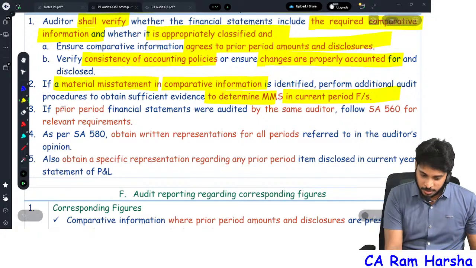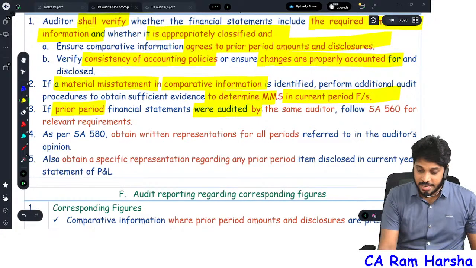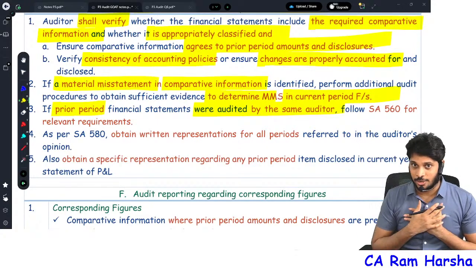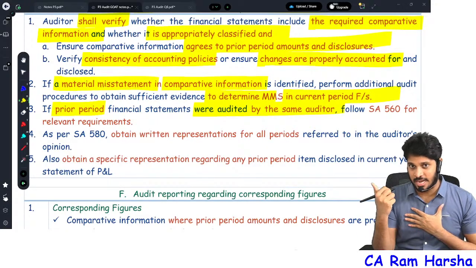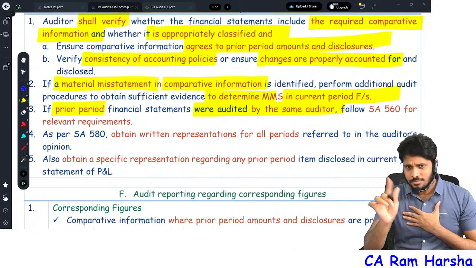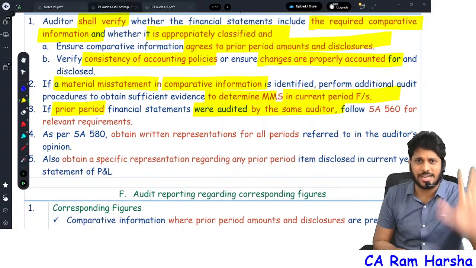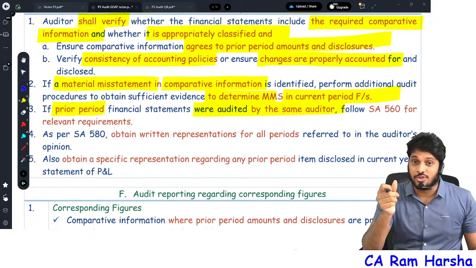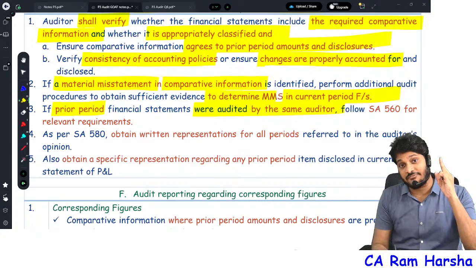Further, if the prior period financials were audited by the same auditor, last year also I am the same auditor, and I found a material misstatement in last year's financial statements. First, I will not talk about the current period audit. I will first try to rectify that mistake by following the SA 560 procedure.